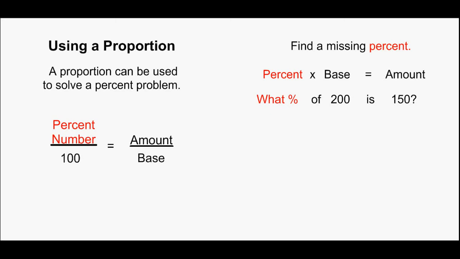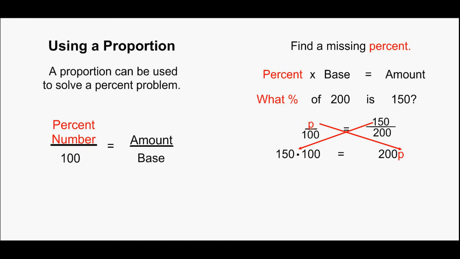Let's try one more example using a proportion to find a missing percent. What percent of 200 is 150? Let's fill in the information in our proportion. P over 100 represents our missing percent, equals 150 over 200.